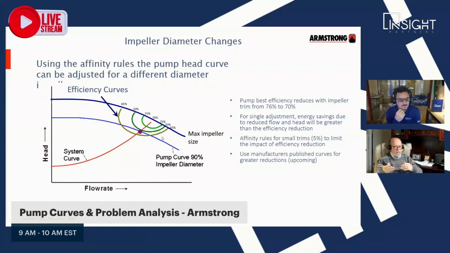You really don't want to do that. Let us figure out where it really needs to be based on your system design parameters, and don't go, oh, I got to have a full size impeller, because that's not necessarily going to get you the best mix of horsepower and efficiency.